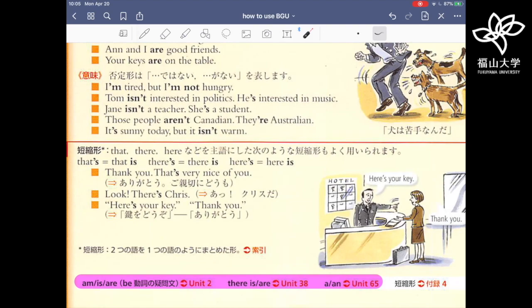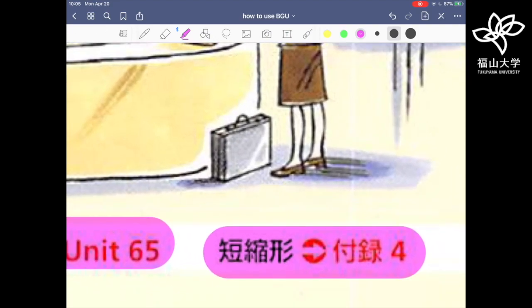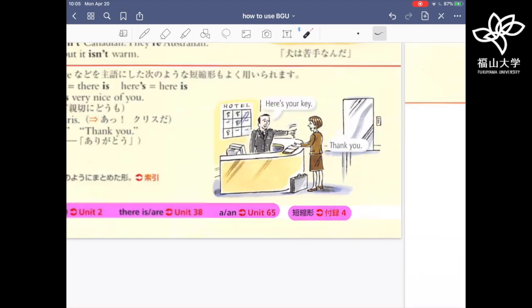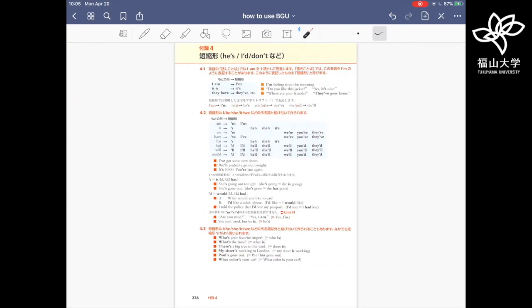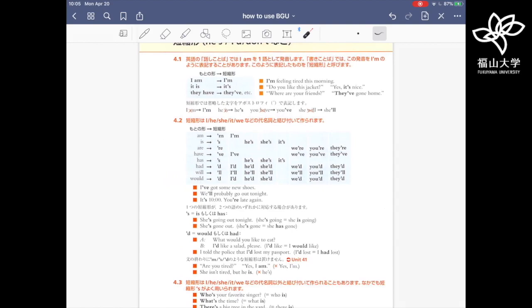But they also tell you about maybe an appendix. So this is appendix, they ask you to go to appendix 4. So let's go to appendix 4, and you see at the back on page 238 about the shortened forms. Okay, it gives you more explanation.